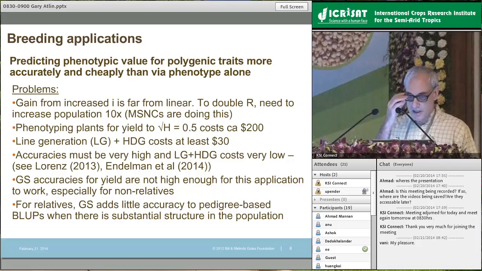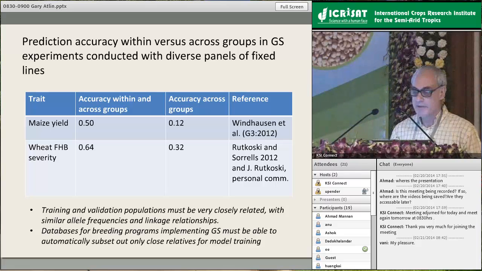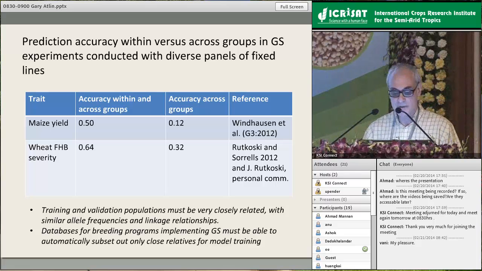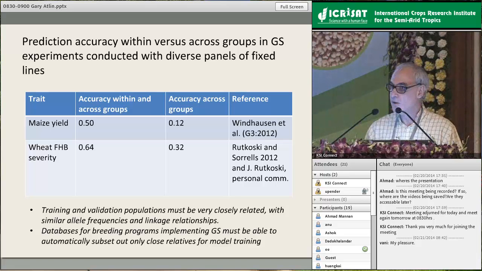For example, if you look at an analysis in a maize association mapping population, in a cross-validation study that gave an accuracy of about, the other issue is that prediction accuracy across groups tends to be quite low among non-relatives.